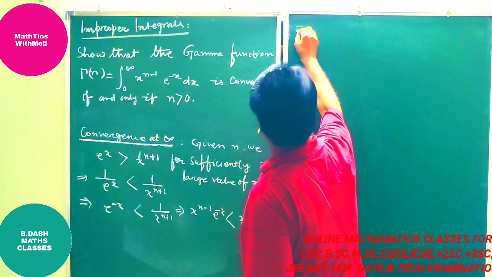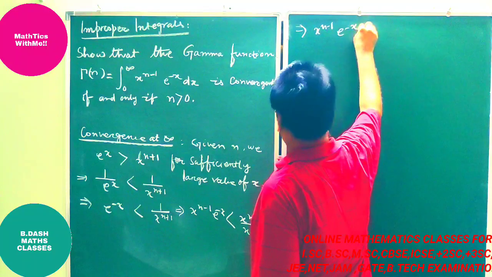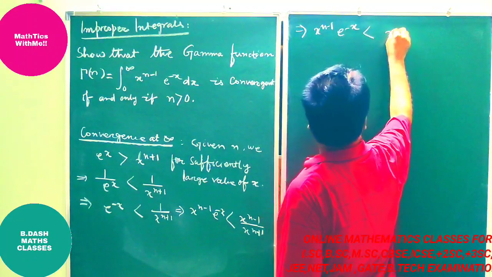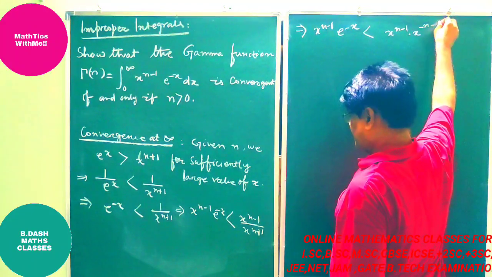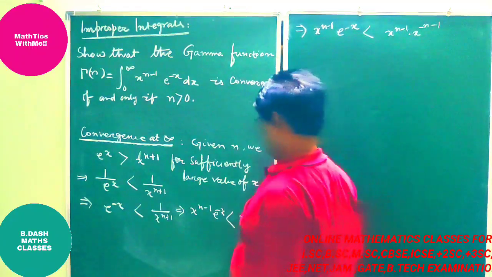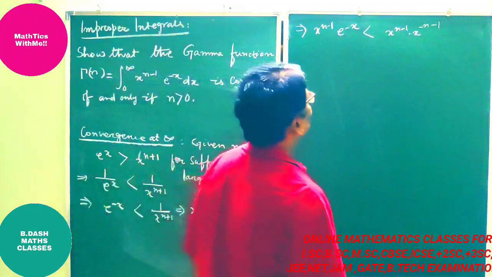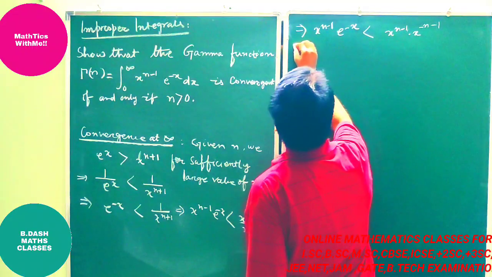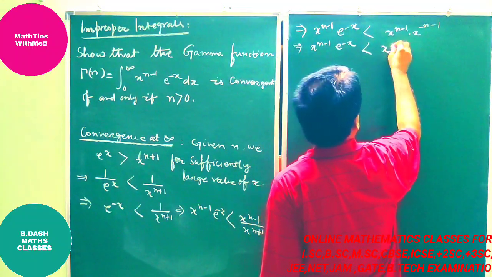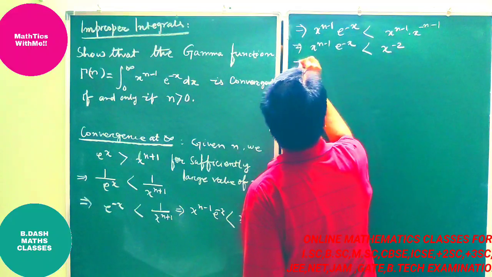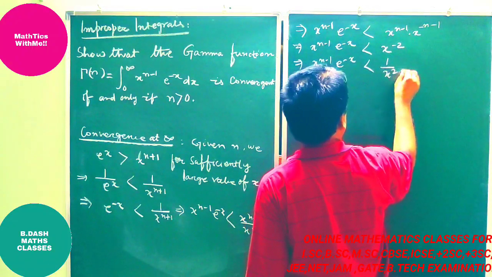So this implies x to the power n minus 1 e to the power minus x less than x to the power n minus 1 into x to the power minus n minus 1, which implies x to the power n minus 1 e to the power minus x less than x to the power minus 2, that is, less than 1 by x square.